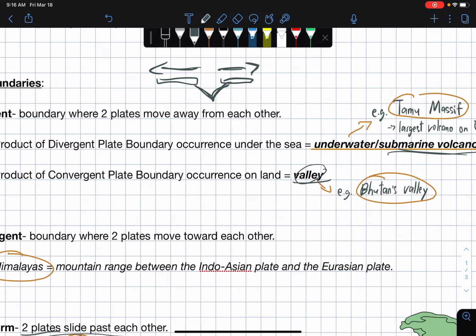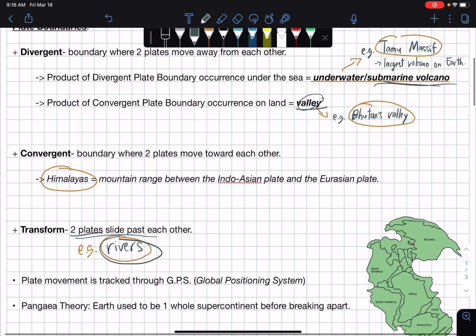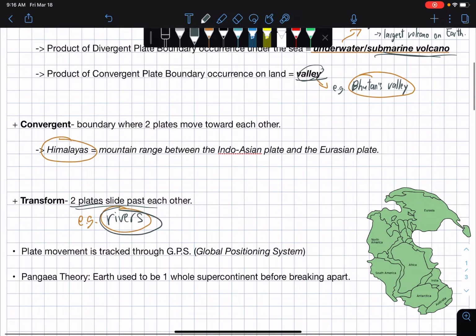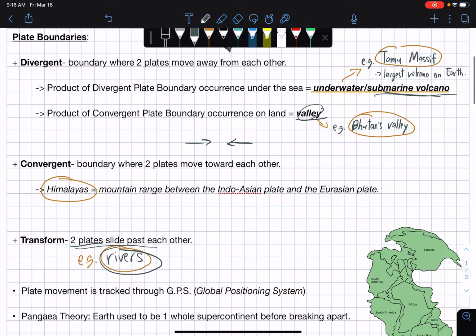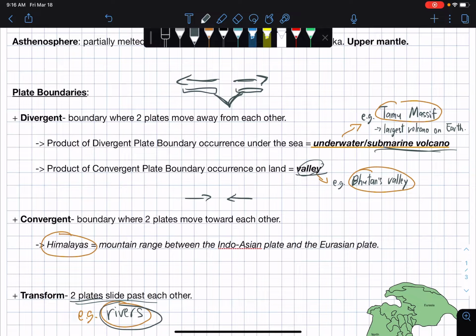As for the convergent plate boundary, it's basically the boundary where two plates move toward each other. So it's basically the perfect opposite of divergent plate boundaries, and hence, if valleys are formed in divergent plate boundaries, convergent plate boundaries form mountains. So two plates move toward each other and usually they form mountains.